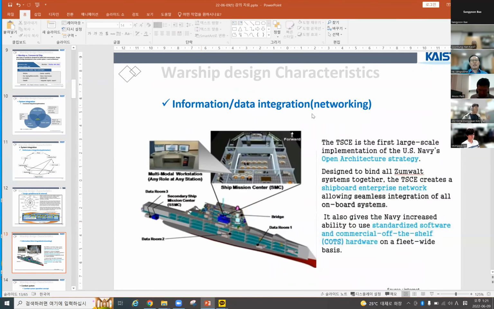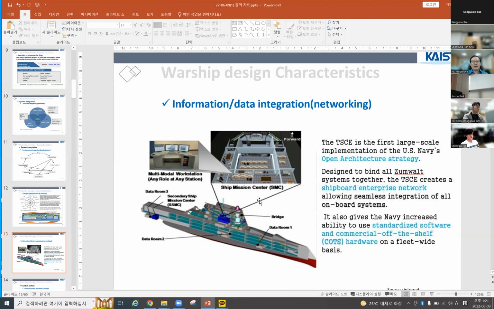And the information data integration, which we call networking, is important. These days, an open architecture strategy is applied, with a shipboard enterprise network, and all the Navy increased the ability to use standardized software and commercial off-the-shelf parts to repair easily.